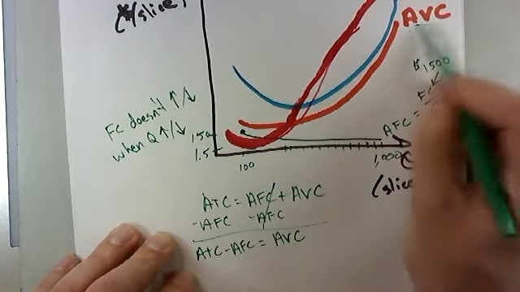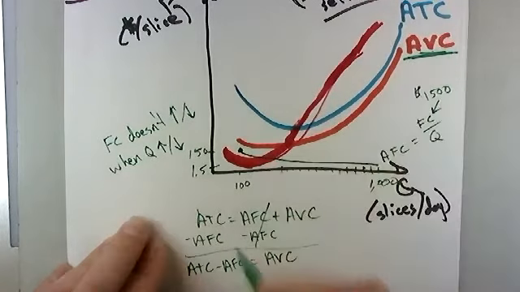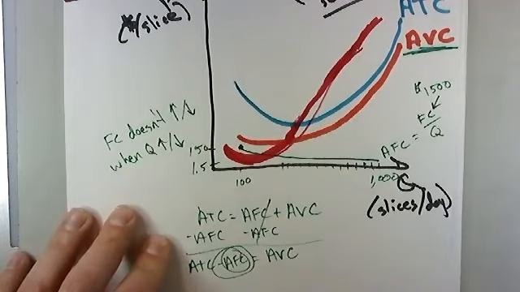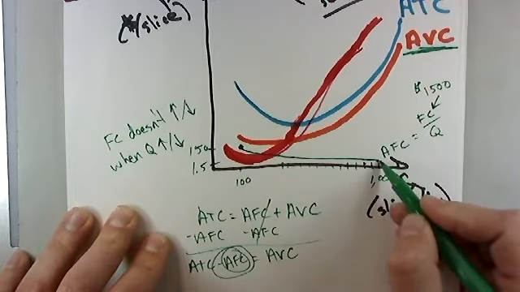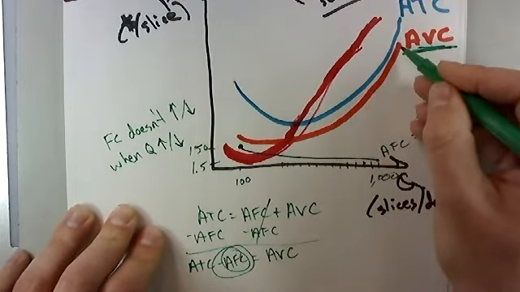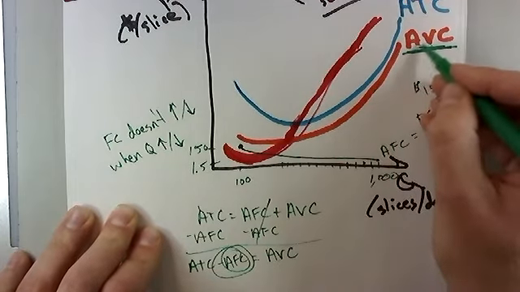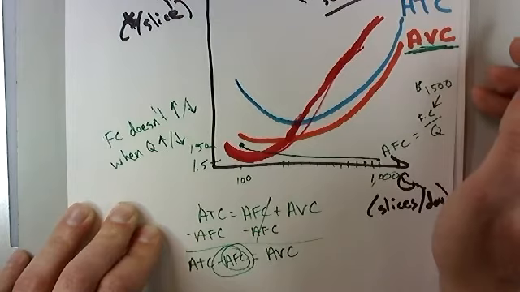So the only reason average variable cost is different from average total cost is because of average fixed cost. If average fixed cost were zero, they would be identical. It's never going to be zero, just really, really close, so they will never be right on top of each other. But as quantity grows, the average variable cost curve gets closer and closer to the average total cost curve.